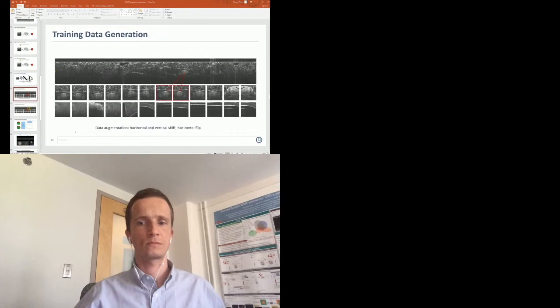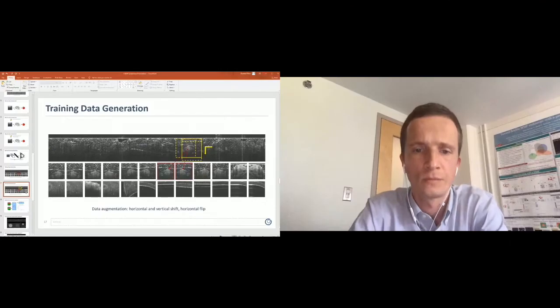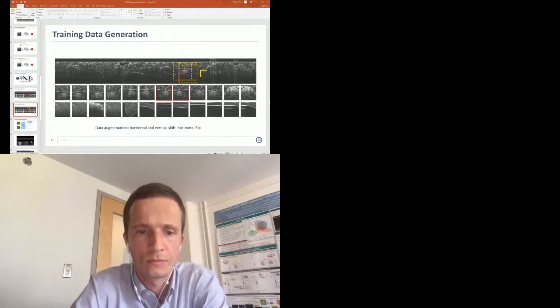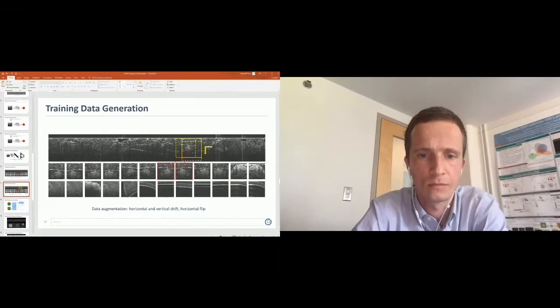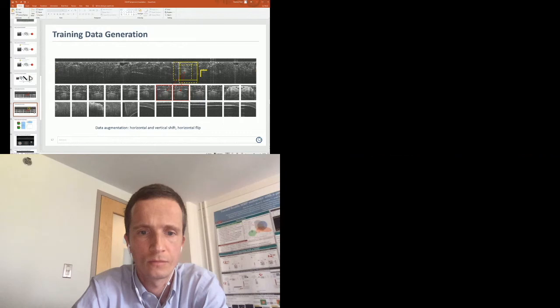So how do we generate training data? We have a wide field OCT, and we basically pass a window through it and extract patches. We have labels that mark suspicious areas, so we know which patches are suspicious.